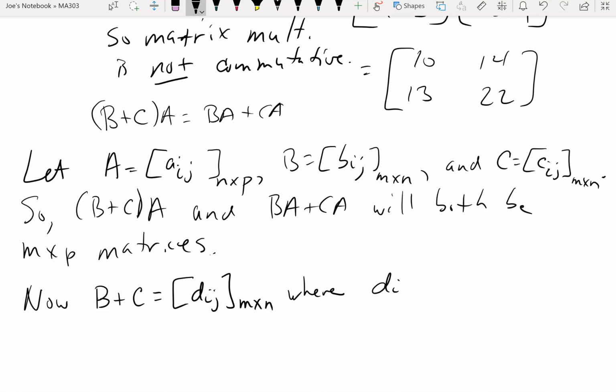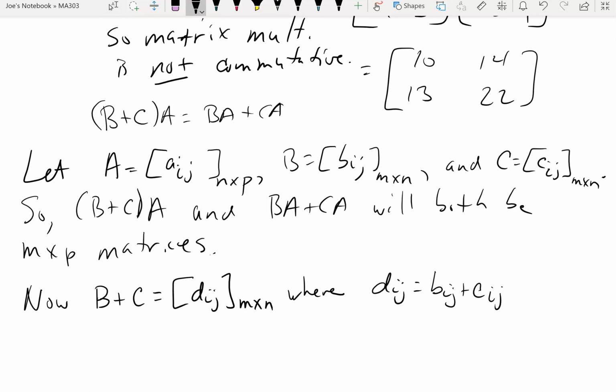How do you get the general entry for the sum of the two matrices? What do we do with the original entries to get the sum? Add them together, right? So our D sub ij will just be B sub ij plus C sub ij. Right? We agree? Yeah? Okay.